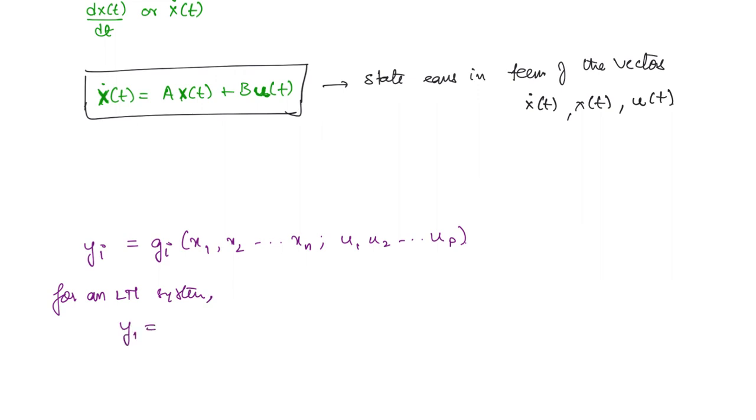So y1 will be equal to c11 x1 plus c12 x2 plus so on till c1n xn plus d11 u1 plus d12 u2 and so on till d1p up.